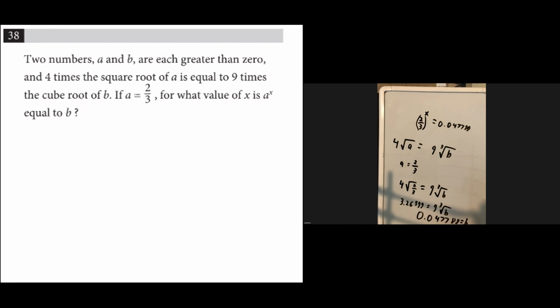And if we plug that into our calculator, we get that 15/2 is X. If you do 2/3 to the power of 15/2, you get 0.047788. So the answer to this question is 15/2 equals X.